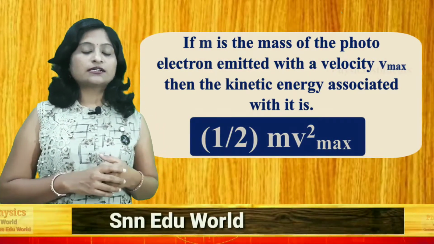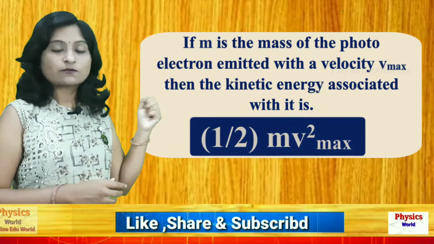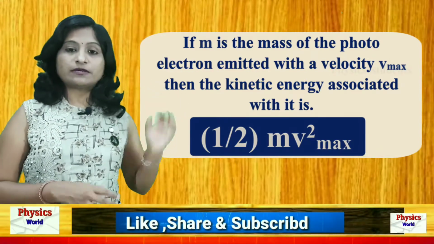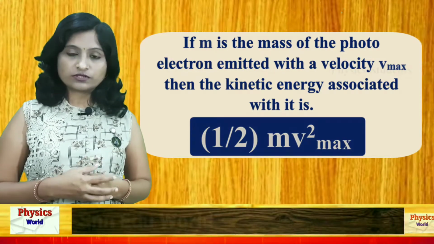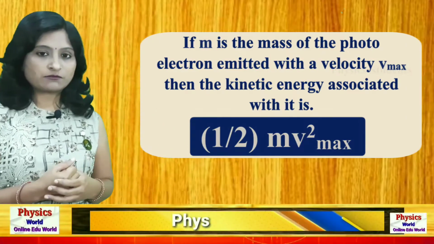Okay. Now see here, suppose m is the mass of the photoelectrons, emitted with a maximum velocity v max. Because we are considering the maximum velocity of the photon absorbed by the electron, the electron gets maximum velocity.